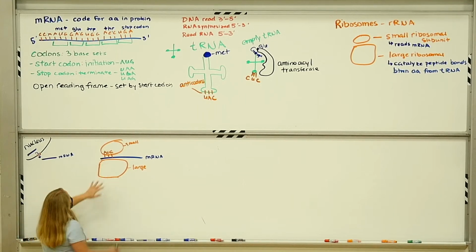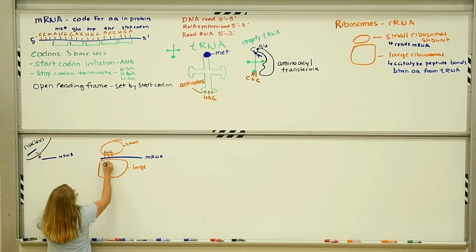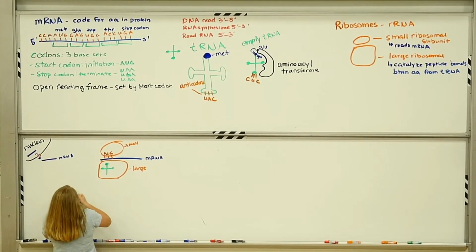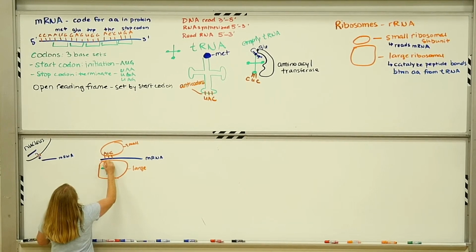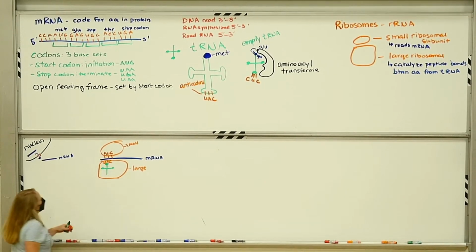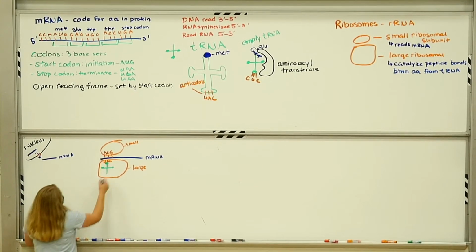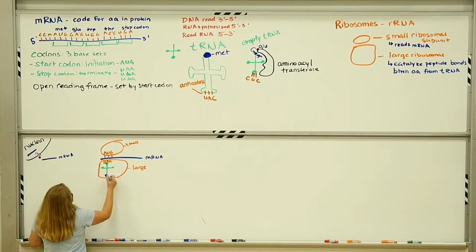In this case, the only one that's actually going to be able to bind is one that carries the anticodon of UAC, complementary to that start codon. And so that's going to be carrying on it this methionine.